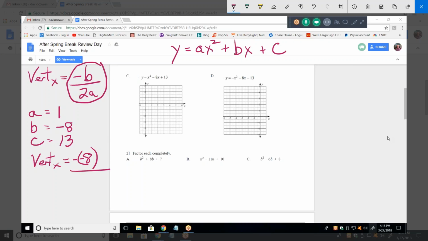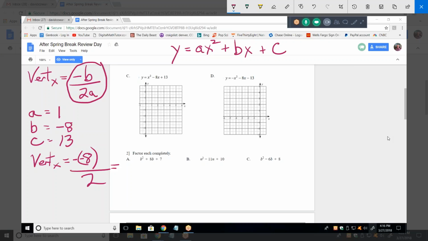And what's 2A? A is 1, so A equals 1, correct? What is 2A? That's what we need. So do we times 2 by 1? Uh-huh, so it'd be 2. Now simplify that. What would negative negative 8 over 2 equal?